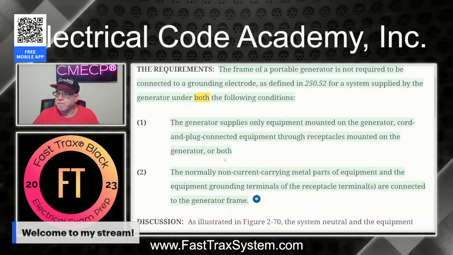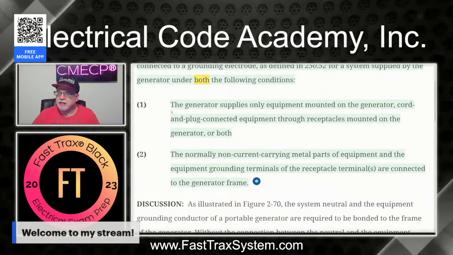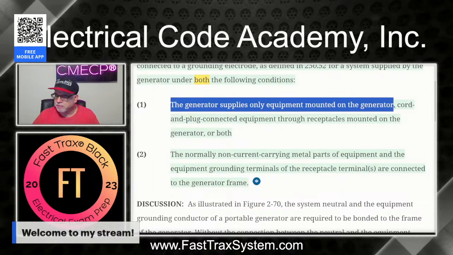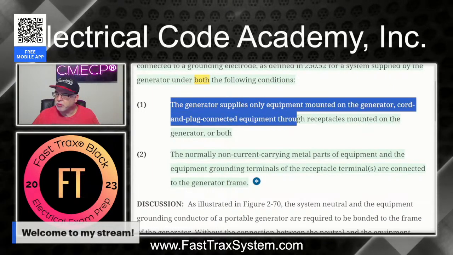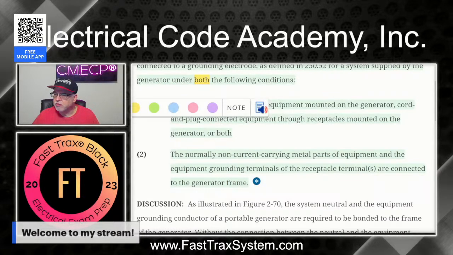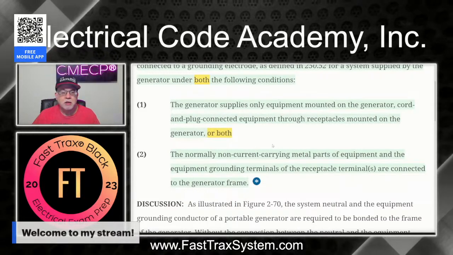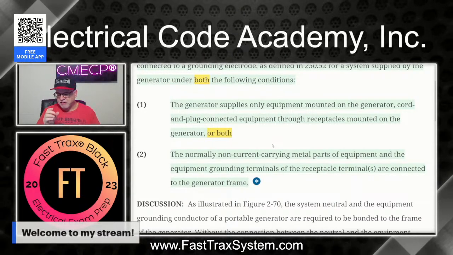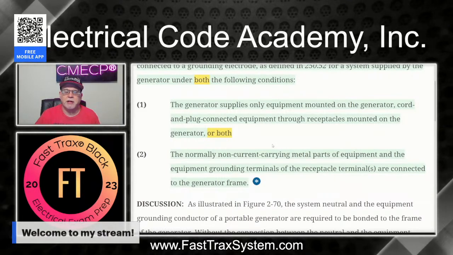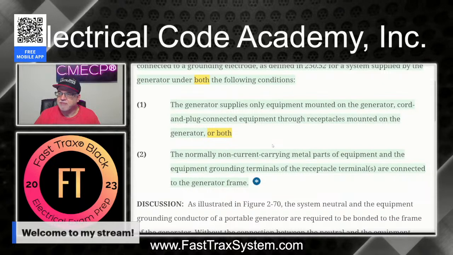Okay, so here they are. The first one is the generator supplies only equipment mounted on the generator, cord and plug connected equipment through receptacles mounted on the generator, or both. All right, so what's important to this one, to me, is the or both. So if I have a portable generator that's got receptacles built into the generator, which is typical of a portable generator, then I do not have to have a grounding electrode system for this generator.